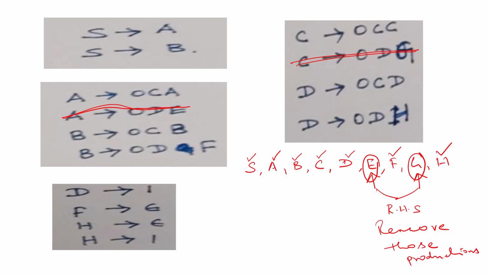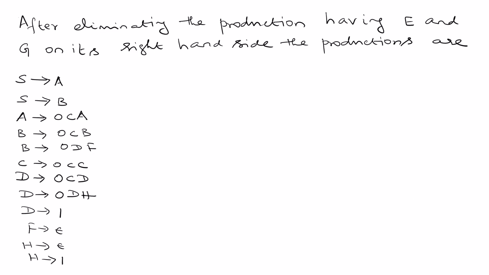So on considering the remaining productions, after eliminating the productions having E and G on the right hand side, the productions are this one. From these productions we want to find the useless symbols or the productions that do not lead to terminal strings.